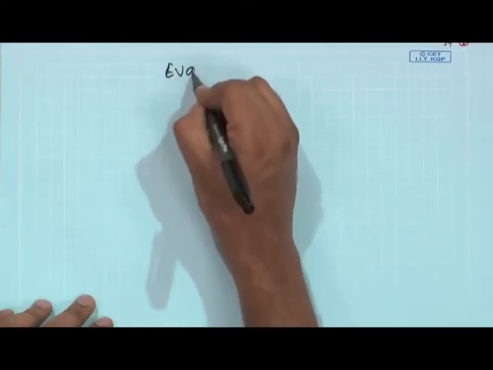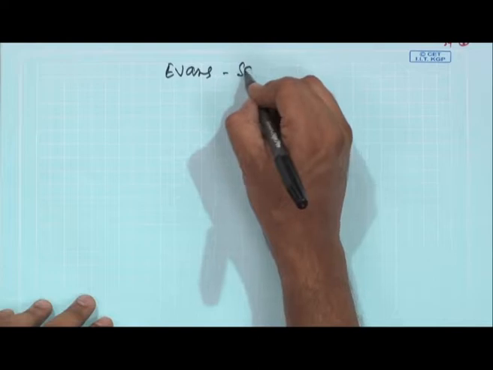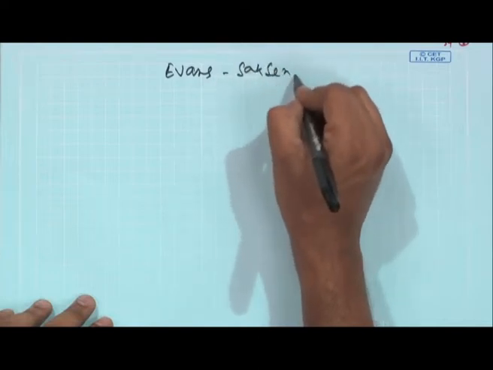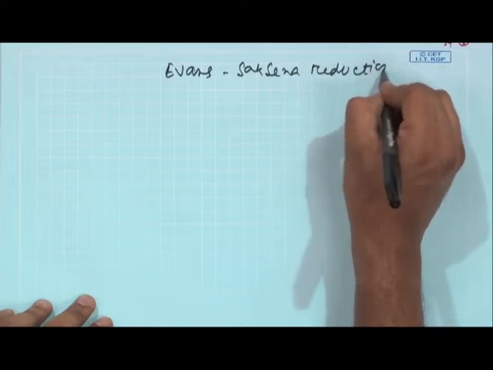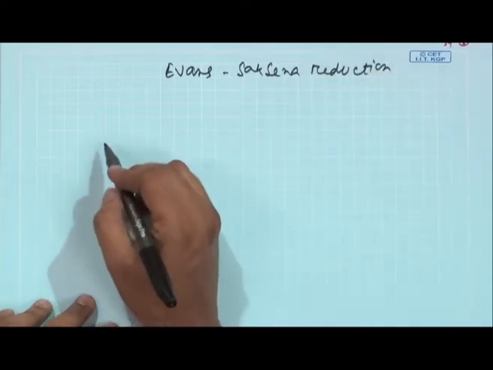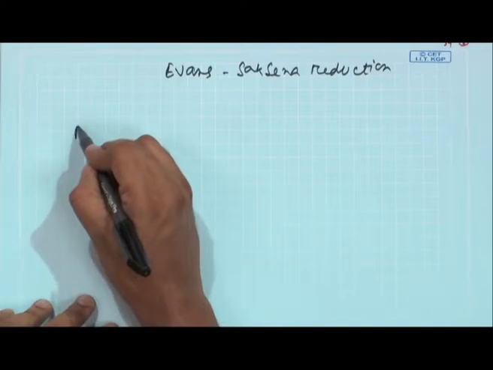And now the next one, the Evans-Saksena reduction, is a similar thing, only the difference is you have internal hydride delivery.